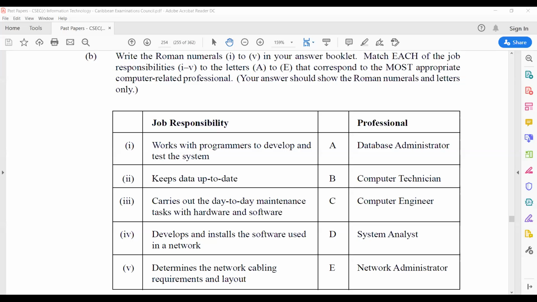Develops and installs software used in a network would be a computer engineer. And determines the network cabling requirements and layout would be a network administrator. Did anyone have any difficulty coming up with these answers, or is everybody clear on it?